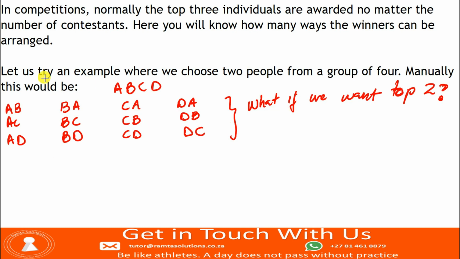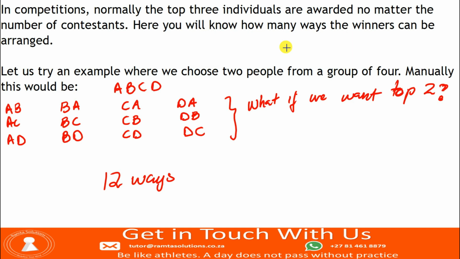When we want top 2, how many ways do we have? We have 3, 6, 9, 12. So we have 12 ways in which we can select top 2 of this group of 4, right? We have 12 ways.